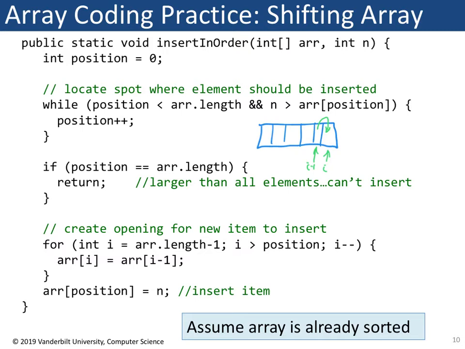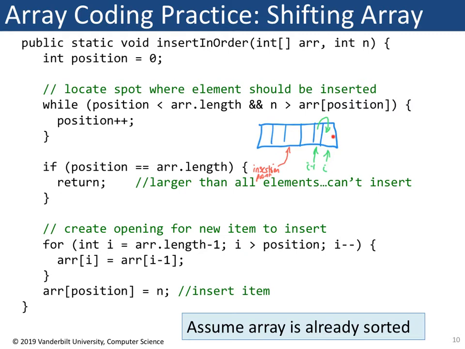So if our position that we're going to insert at is here, that's our insertion point pointed to by position. Then we will process I equals 0, 1, 2, 3, 4, 5. So this has a length of 6. 6 minus 1 is 5. So we start at 5. Our position has a value of 2.